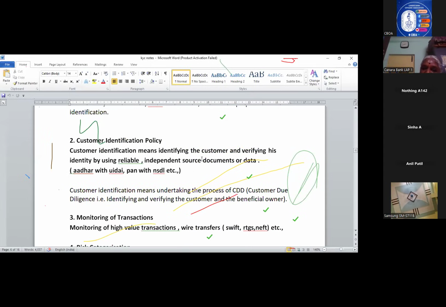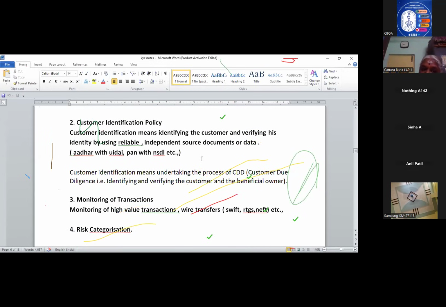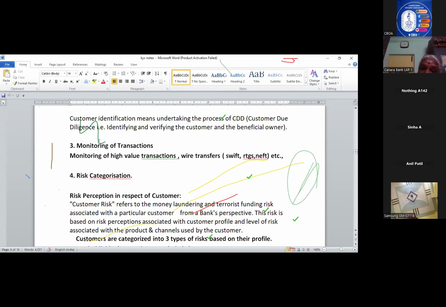Then customer identification policy means identifying the customer with proper reliable source documents like Aadhaar, PAN, and the other customer accounts.